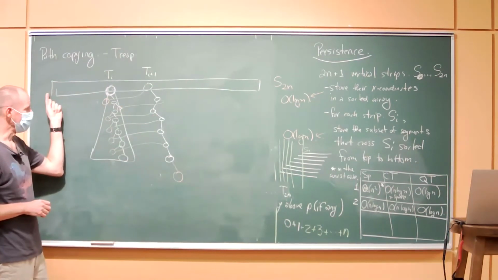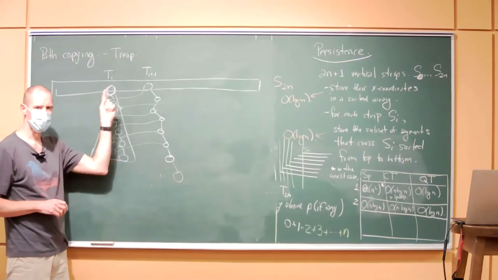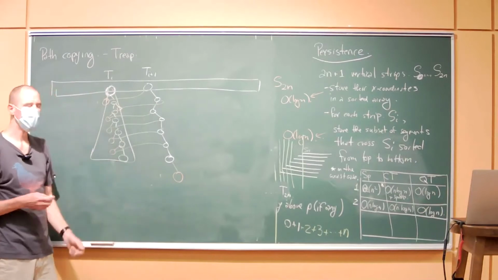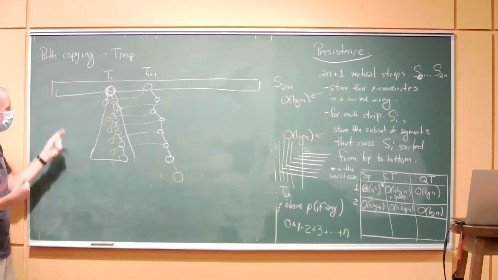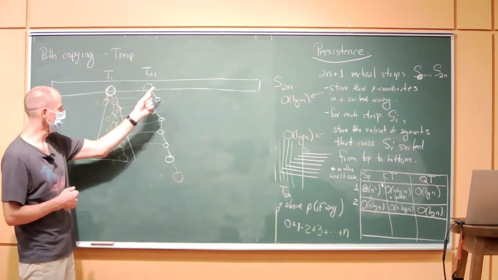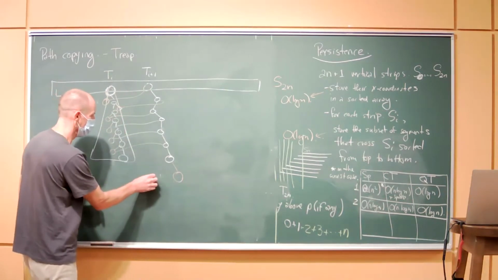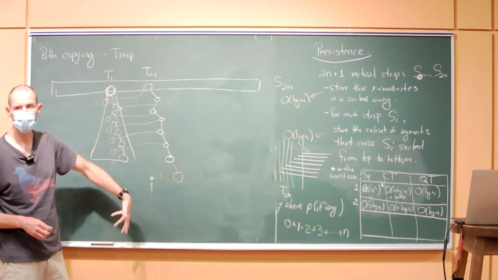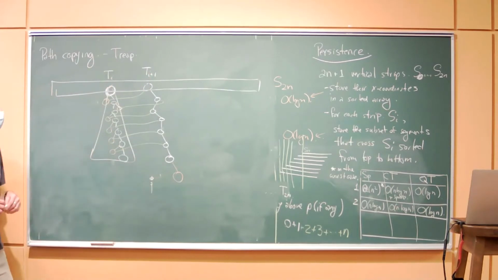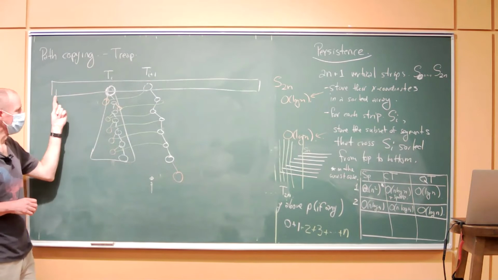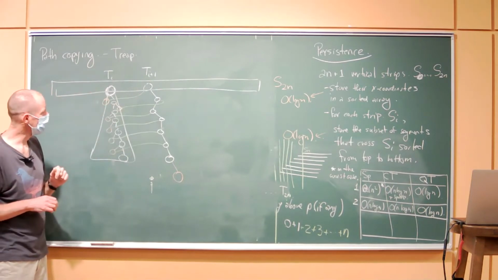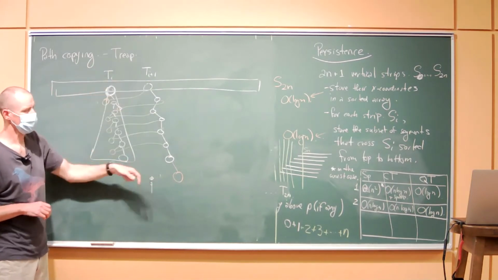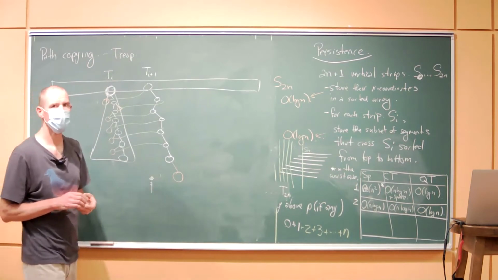They're sorted by x coordinate because each one corresponds to a vertical strip. When we need to do a query, we search by the x coordinate of our point until we find the tree that we should be using, and then we just do a search in that tree. The binary search in the array takes O of log n time, and then searching in that tree takes O of log n time.